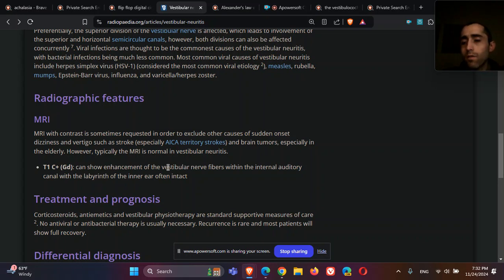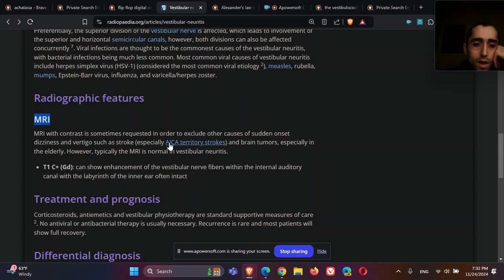And now the ED doctor or neurologist, or ENT, usually not ENT when you think about a stroke, needs to think about stroke in the differential diagnosis of the posterior circulation, of the basilar artery, vertebral artery. So you need to exclude those things in the MRI.